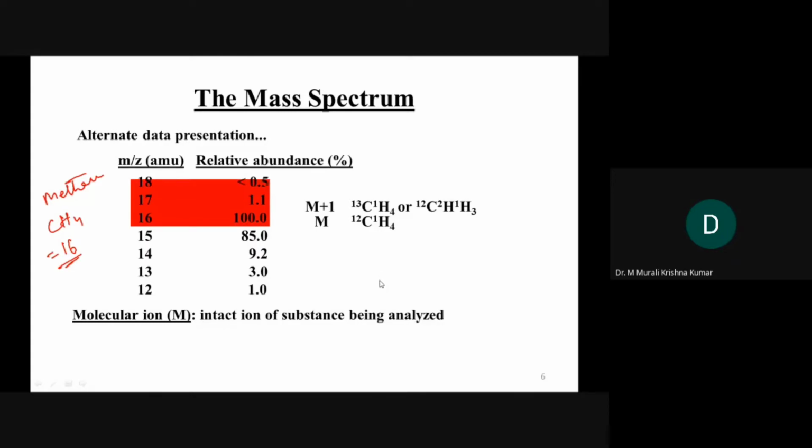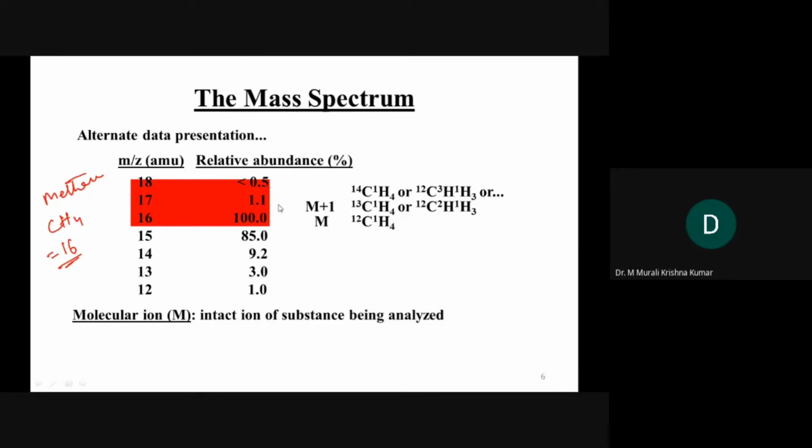Then there is also a possibility that M+2 can also be there because we have tritium over there. 14C is also there, but I did not mention it over here. The element C14 was also there, but its contribution is minuscule.